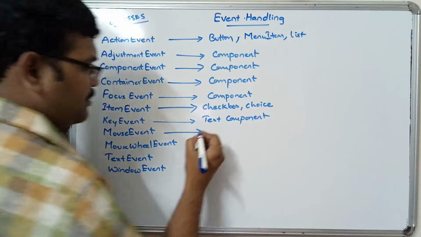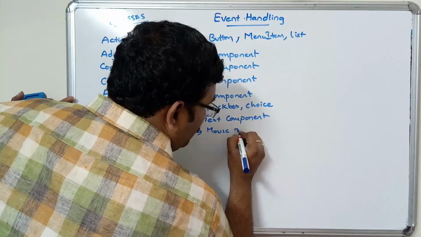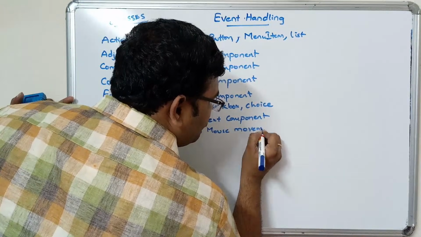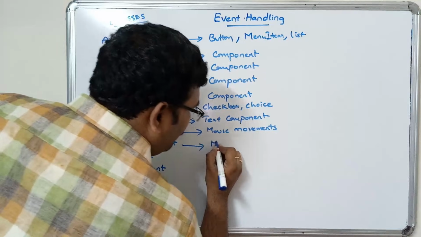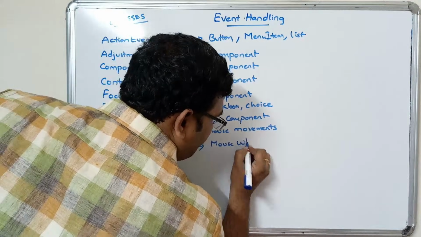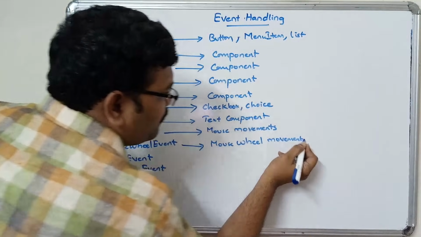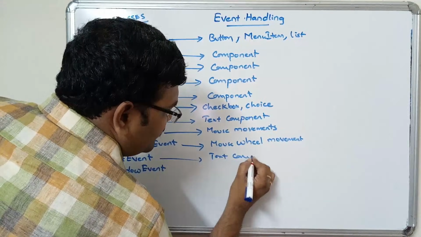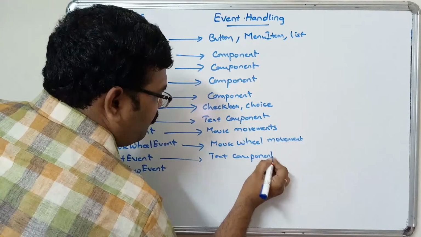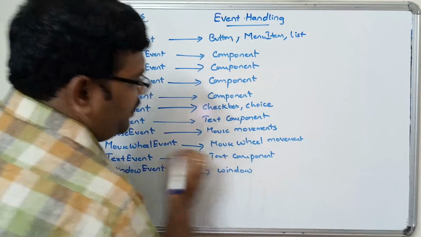Mouse event, this is for mouse movements. Mouse wheel event is for mouse wheel movement. Again the text component, and this is completely for window.